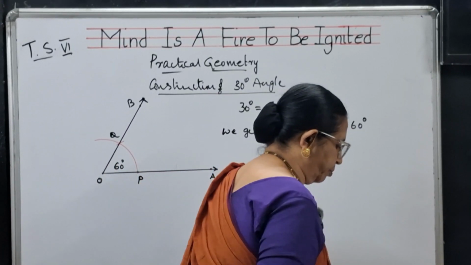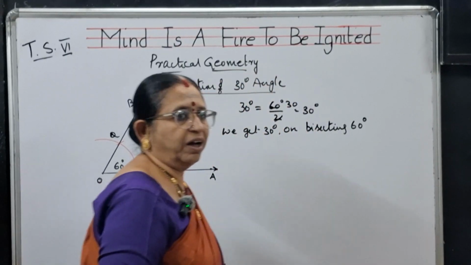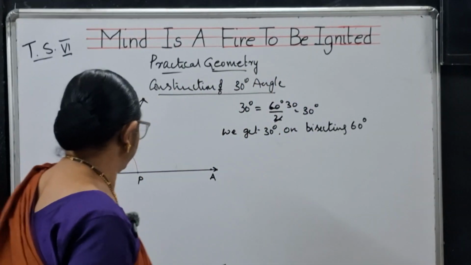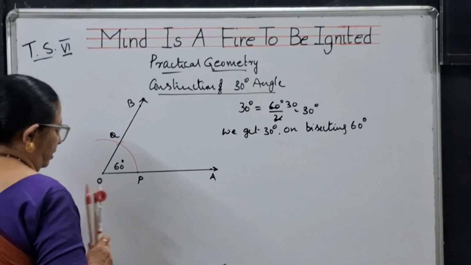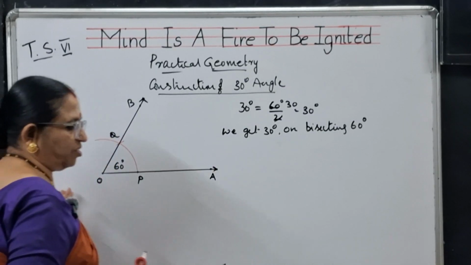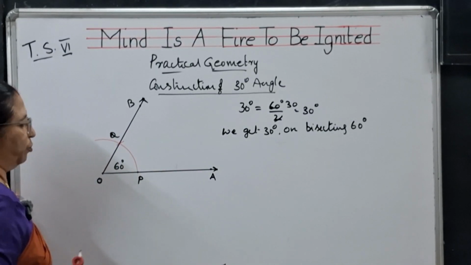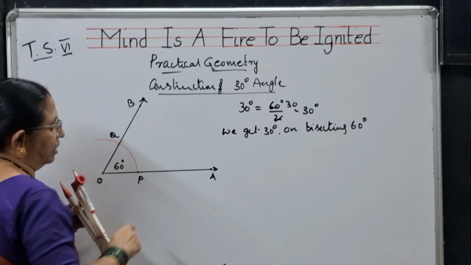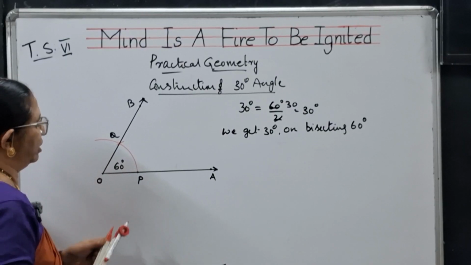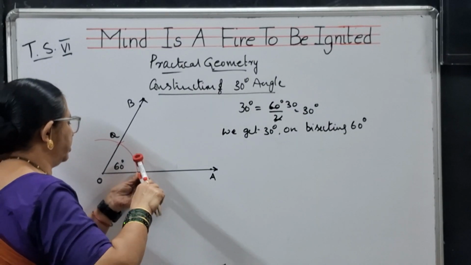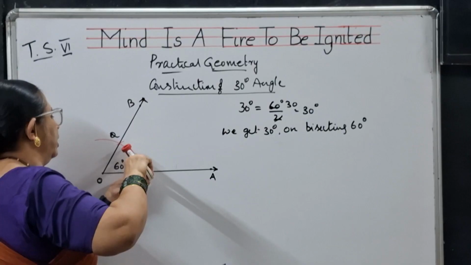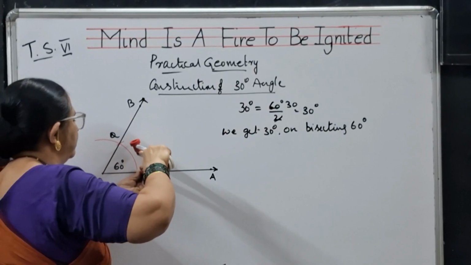Now you need to bisect 60 degrees. How will you bisect 60 degrees? Actually, if just an angle is given to you and they ask you to bisect, you have to draw an arc like this. But already you are having an arc. So let me take P as a center, more than half of PQ as radius.